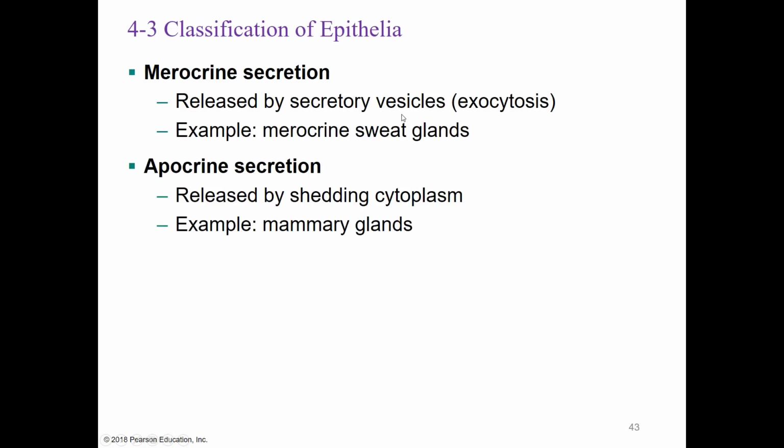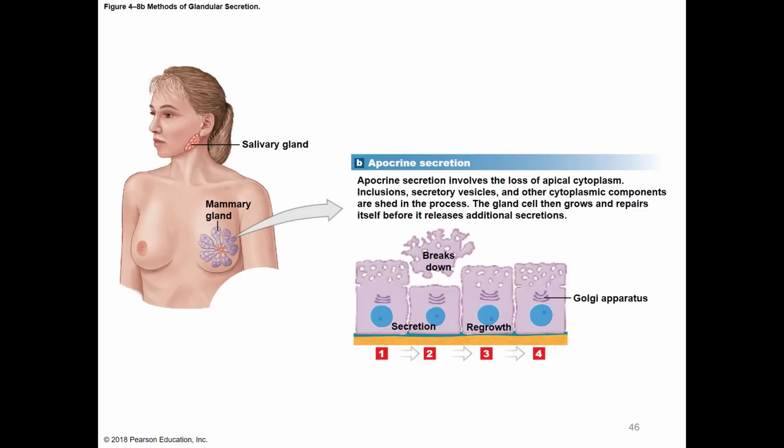Next, we have apocrine secretion, and apocrine secretion is when we release a product, but we also shed cytoplasm with the product. And an example of that would be a mammary gland. So looking here, this is from the mammary gland, and these are the cells that line the mammary gland.